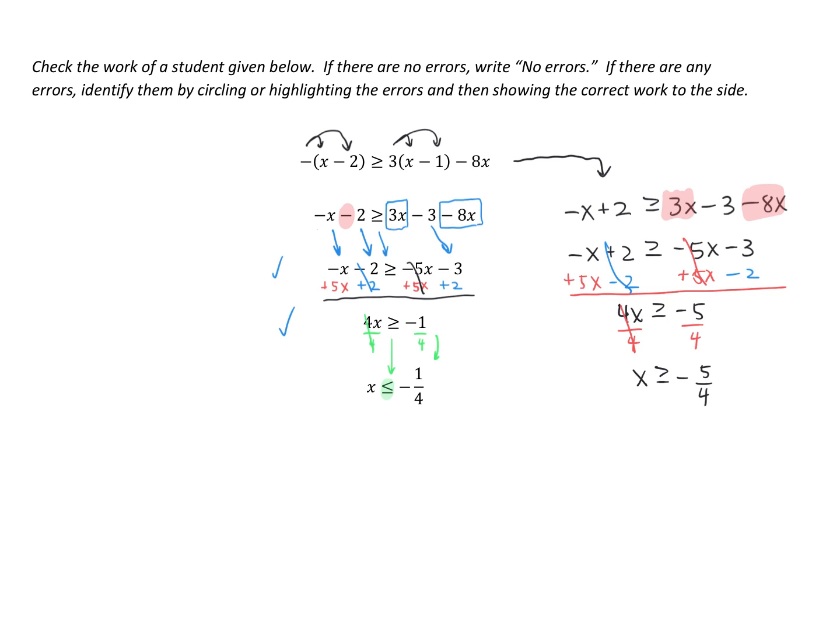So if you're asked to identify the errors, we did. We showed the correct work to the side. You may also be asked to explain the errors, and if so, you could kind of label them. Error 1 was did not distribute the negative.